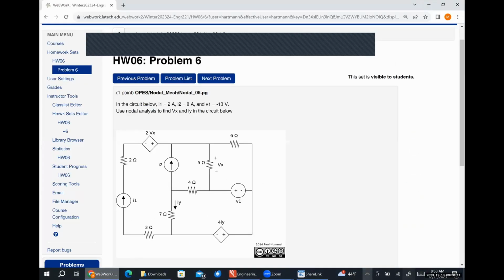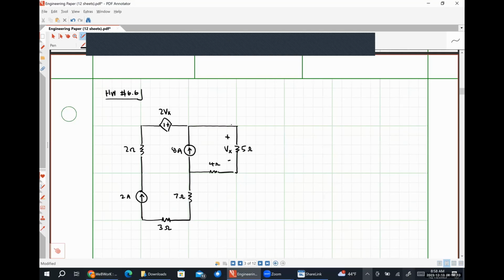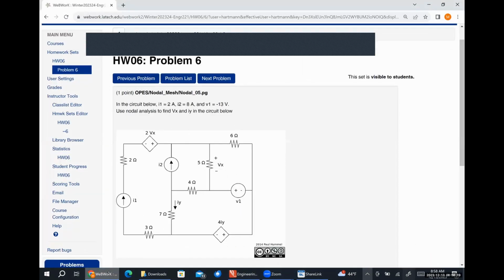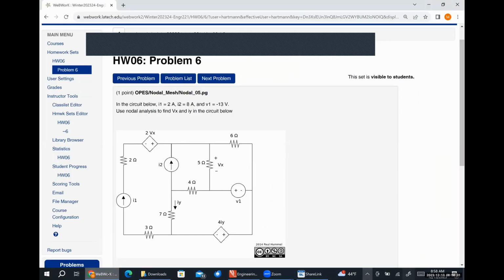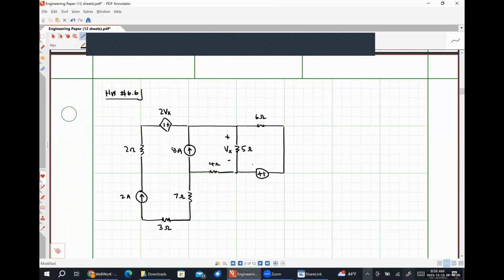Let's see. Short circuit resistor up here. Short circuit voltage source down here. Positive polarity on the left, if my very short-term memory is correct. V1 is negative 13 volts.